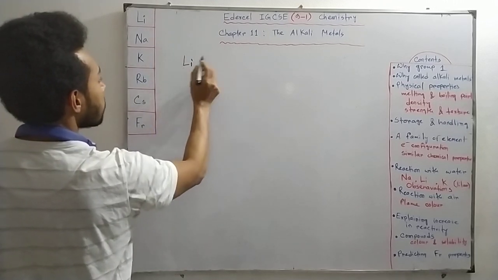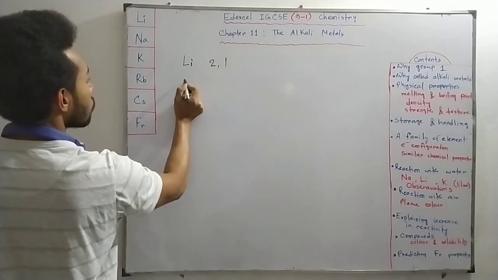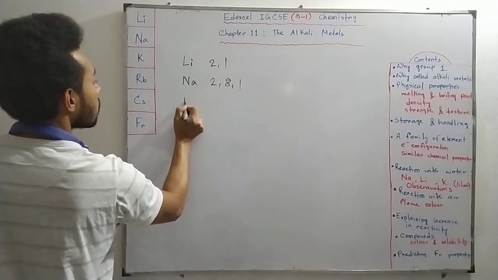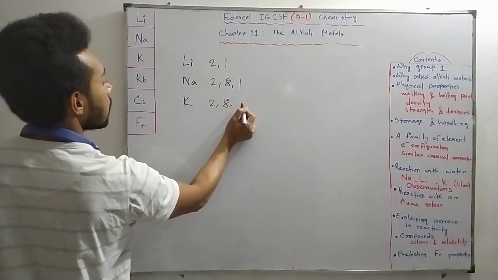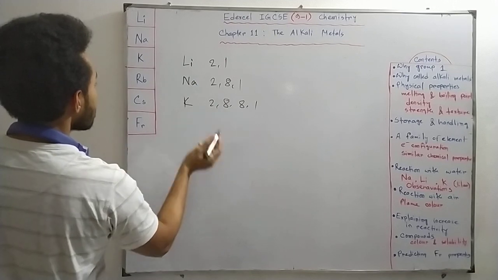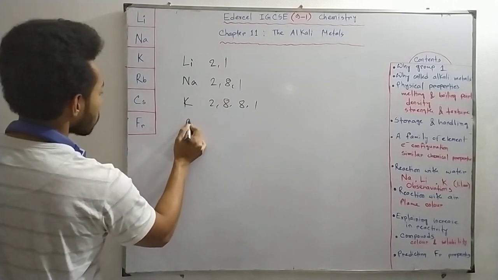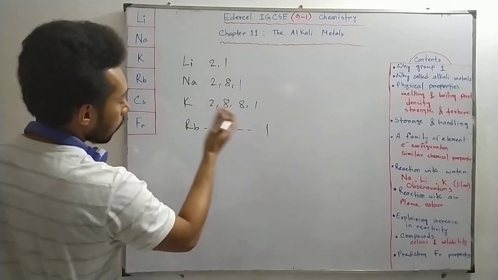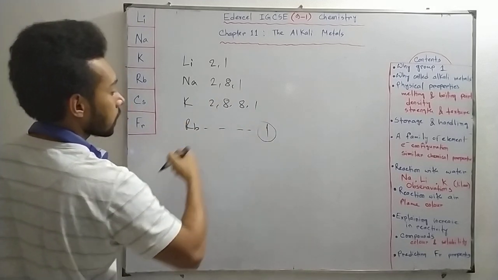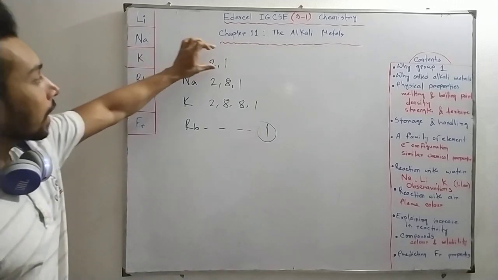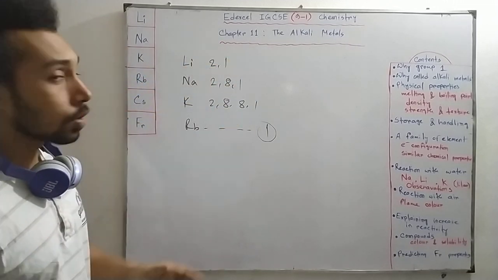Lithium 2,1, sodium 2,8,1, potassium 2,8,8,1, and if you go further down, you'll see that this one also has 1 electron in its outer shell. All of these elements have 1 electron in their outer shell.